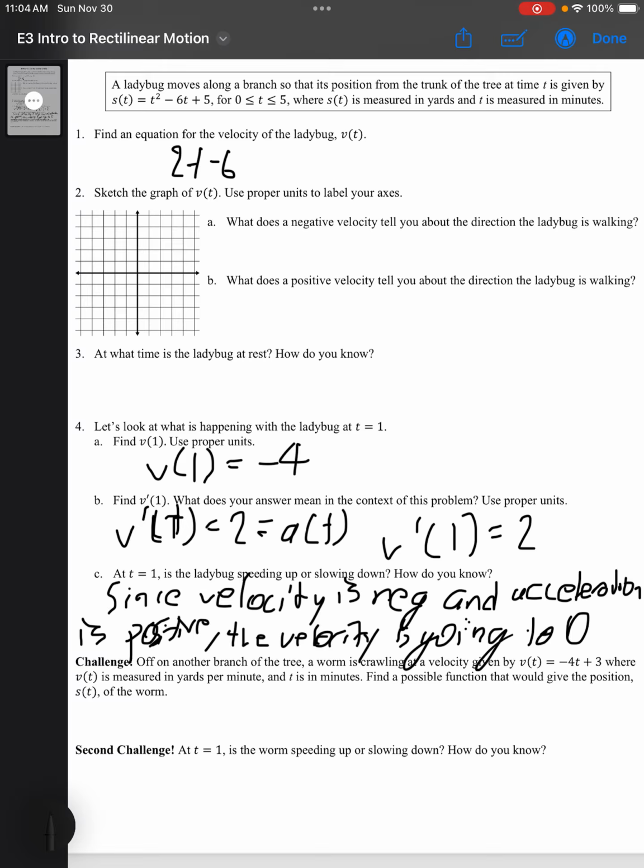I'm not going to write that, but that's the main answer of this question. It's important to think about it as the velocity is going to 0. That's why it's slowing down, because it starts off at a negative value.